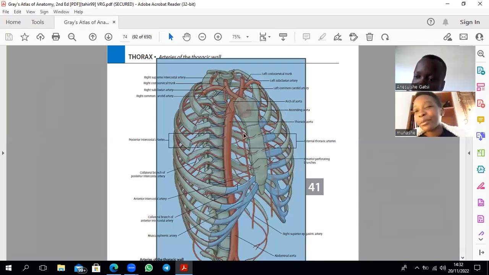It's an angle. You can call it the sternal angle or angle of Louis. That's where the arch will start, and that's where the arch will end. So the arch starts at the sternal angle, arches upward, leftwards, whatsoever, but it ends at the sternal angle again.